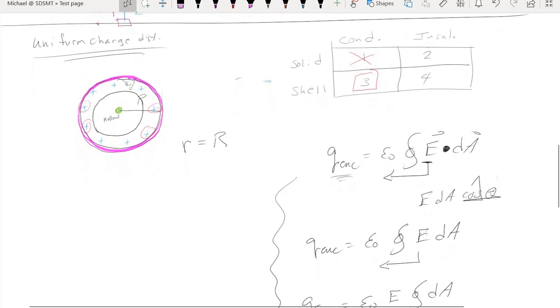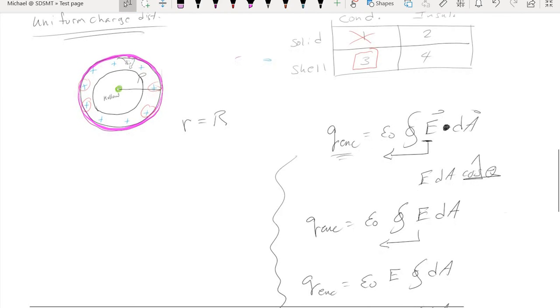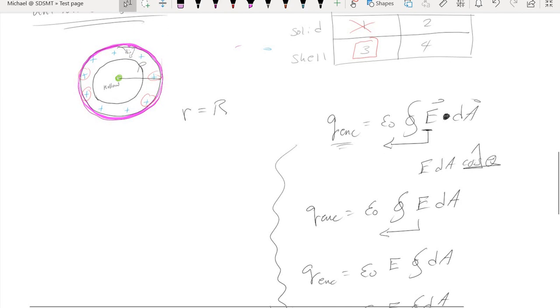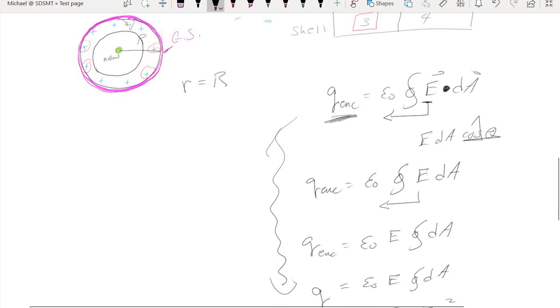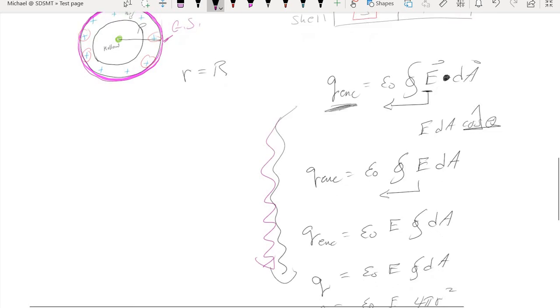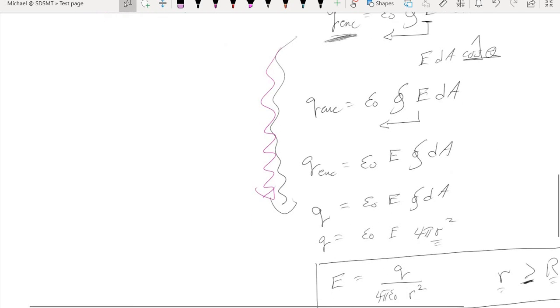As far as Gauss's law is concerned, is there any difference? And the answer is no. As far as Gauss's law is concerned, these are the exact same pictures, because we are enclosing a total amount of charge within a Gaussian surface. We still have that Gaussian surface here, and all of the math is going to come out to be exactly the same.